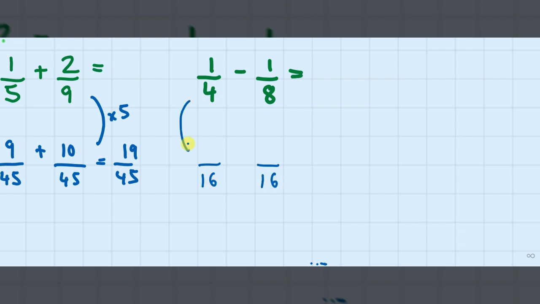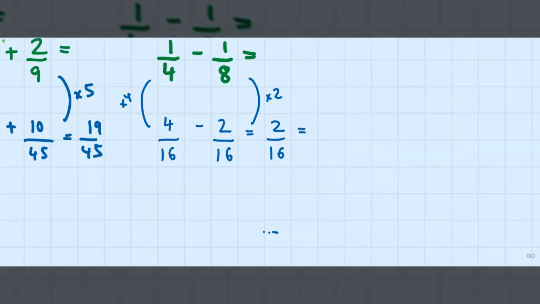So 4 has been multiplied by 4 and 8 has only been doubled. So apply that. 4 ones are 4 and 2 ones are 2, and I can subtract them nicely. 4 take away 2 gives me 2 16ths, and that can be simplified because they both share a factor of 2, and that is the same as 1/8.